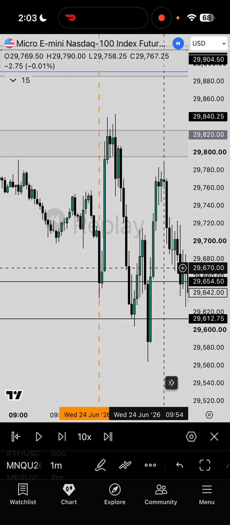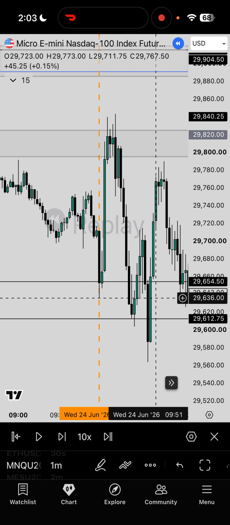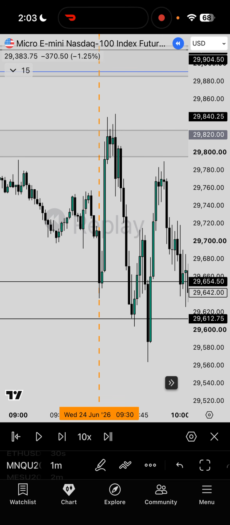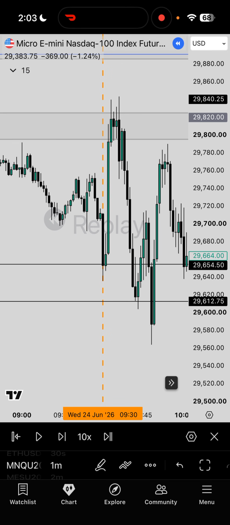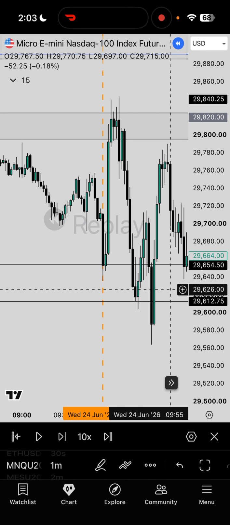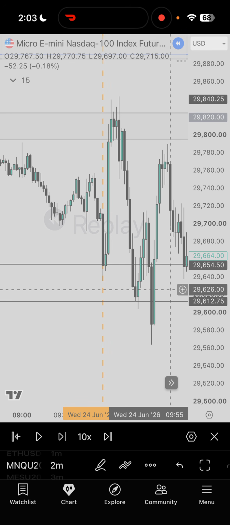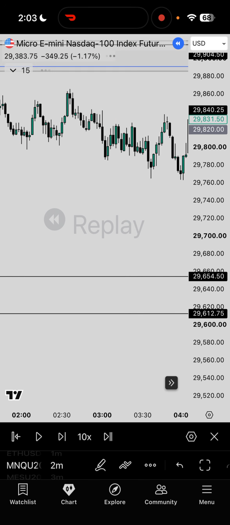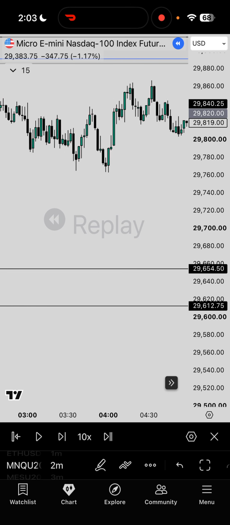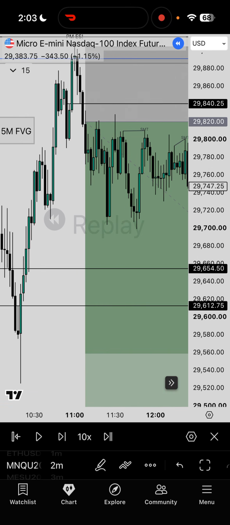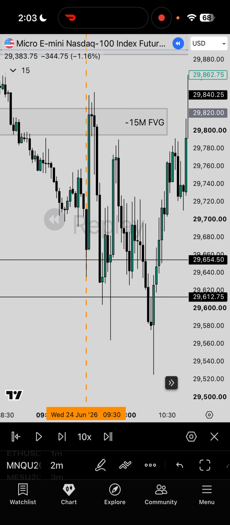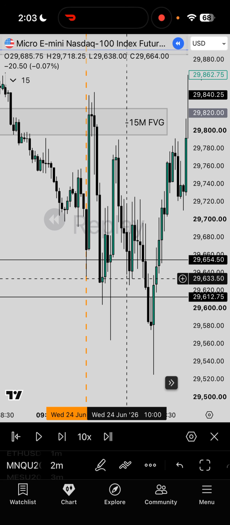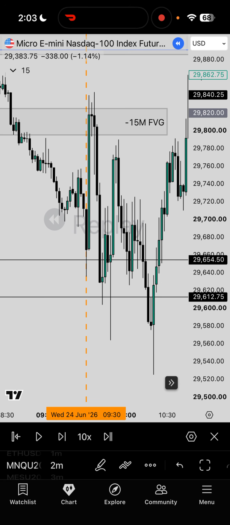So you entered here, your break even's here, and then immediately you got stopped out. That's on a 1-minute, 2-minute time frame. It looks like this. On the 2-minute time frame, the candle will close all the way here, so it'll just make the trade invalid. So I didn't take it.